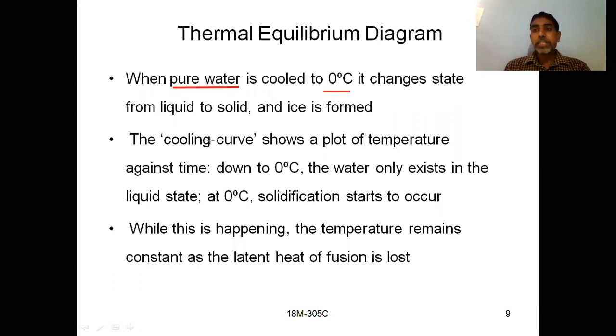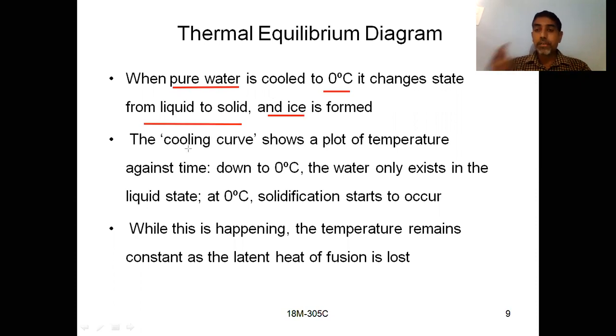So what it means is, I am taking pure water and cooling it. Initially you are having liquid and that can be converted into ice. So that means you are converting liquid into solid, water into ice.